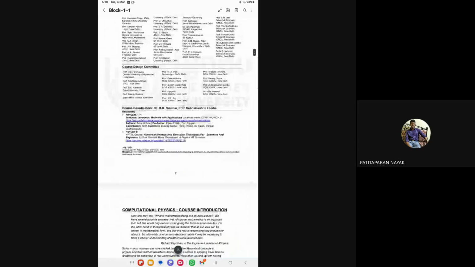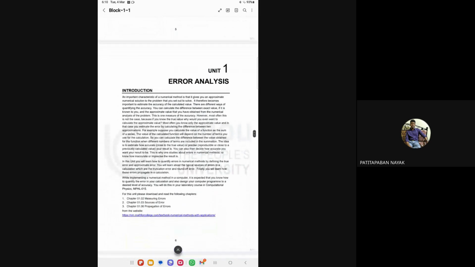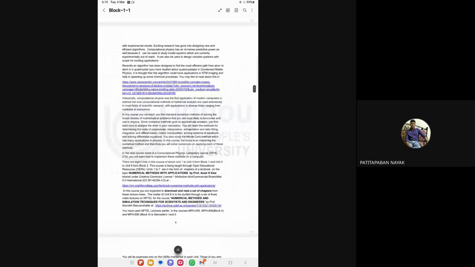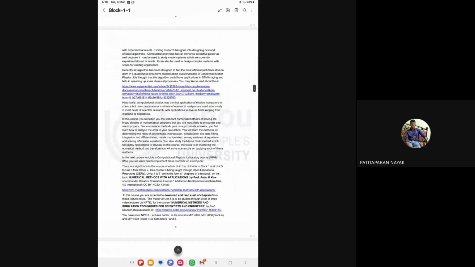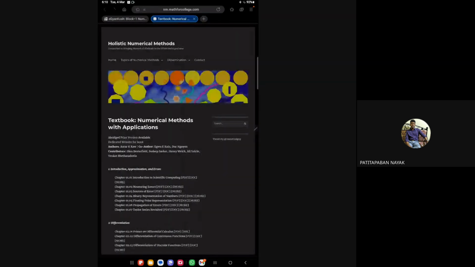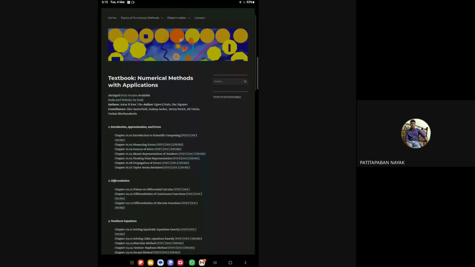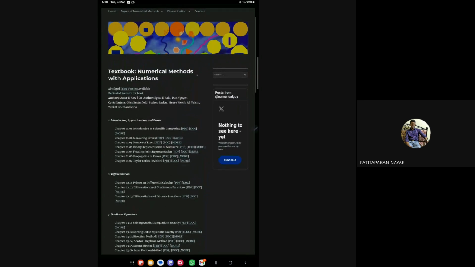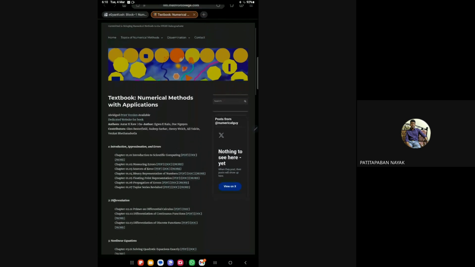Yes, sir. So here, if you can see on page number 4, there is this link, which gives rise to numerical methods with application.